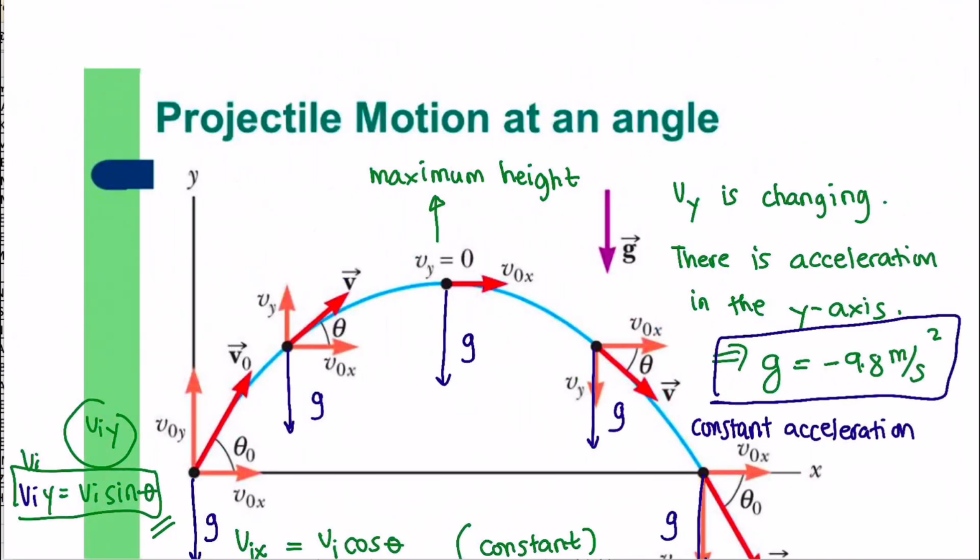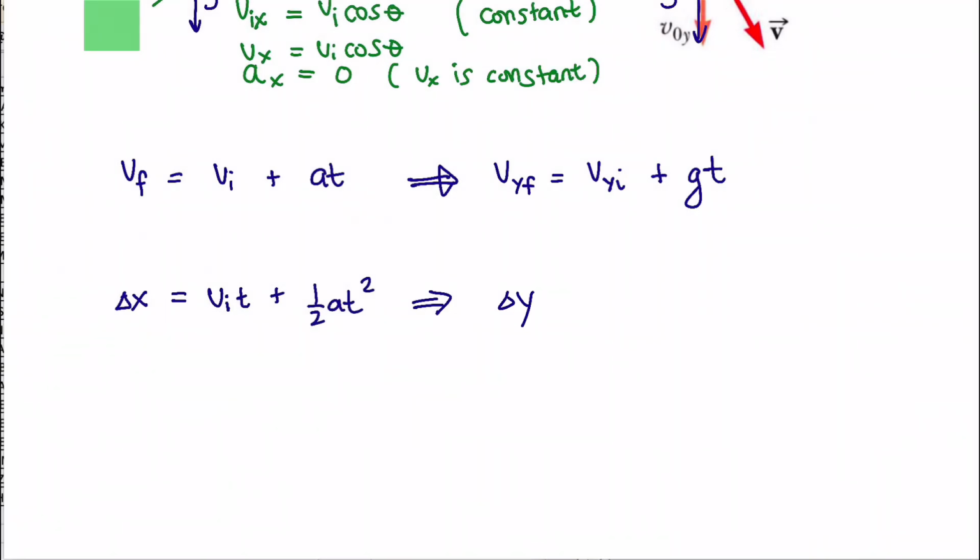So we say delta y is equal to Vy initial multiplied by time plus 1/2, and again our acceleration is going to be the acceleration due to gravity g multiplied by the square of time. So once again, the only difference here is that instead of x, we have y, and instead of just putting Vi, we put Vyi, or the initial vertical velocity.